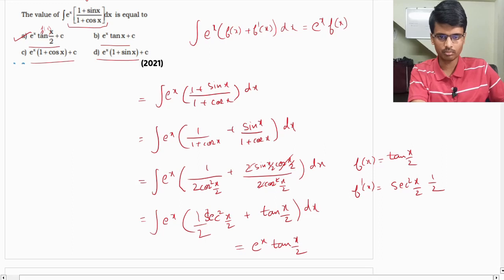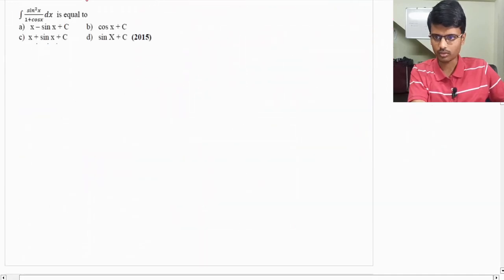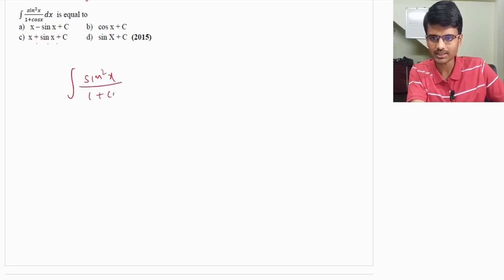Okay, moving on. Okay, this is an interesting question we have got. Okay, how do you solve this? Integral of sine square x divided by 1 plus cos x dx.